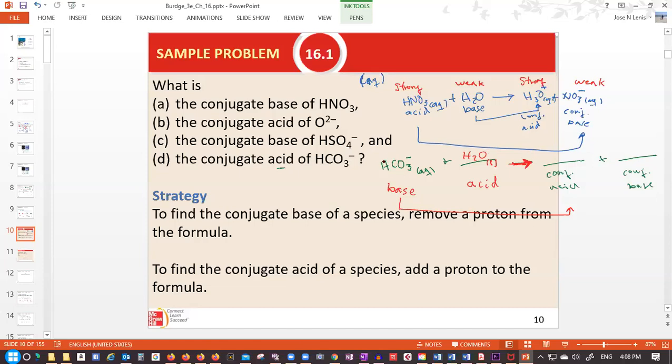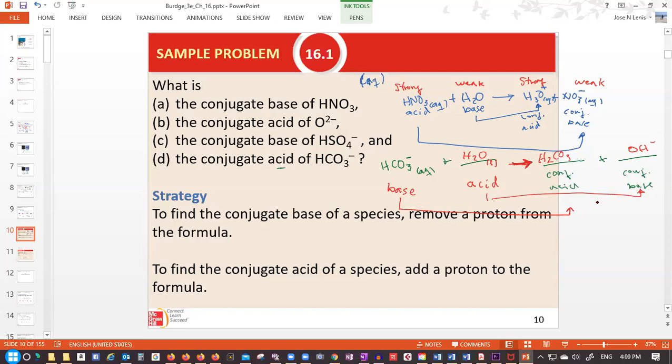So the base is a proton acceptor according to Bronsted-Lowry. It's going to accept one more proton. It's going to be H2CO3, and once it gains one more proton, it cancels out that negative charge, so we have a neutral species. And the water that donated a proton to the base becomes OH minus. Therefore, this acid forms a conjugate base.